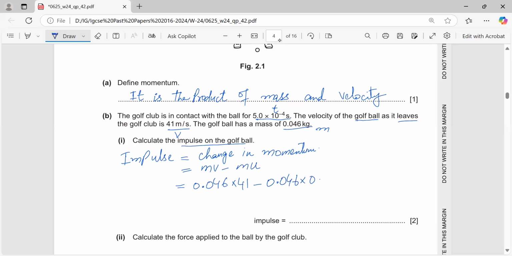So when we multiply 0.046 times 41, we are getting 1.886. So I can write it 1.89, or even we can write here 1.90. Impulse can be written in kilogram meters per second or Newton second. In any way, it's okay.